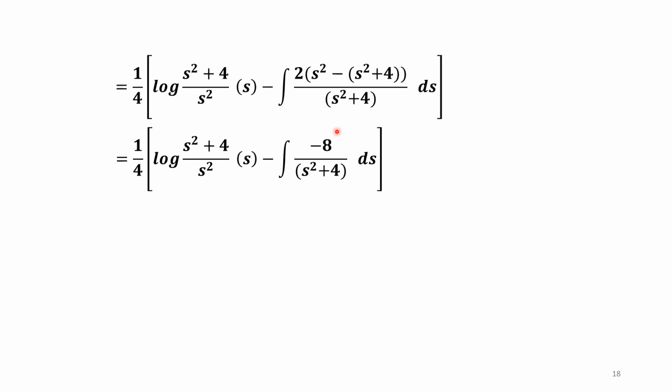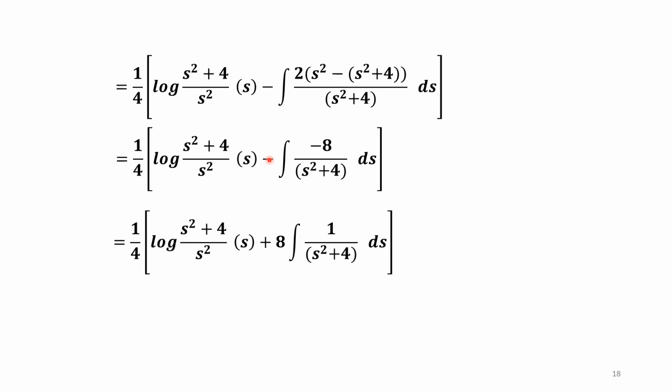So the remaining part will be minus 8 upon s square plus 4. Now I can take minus sign here. So I will get log of s square plus 4 upon s square, minus into minus plus integration of 1 upon s square plus 4 ds.